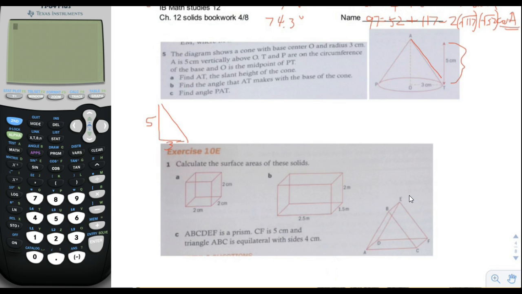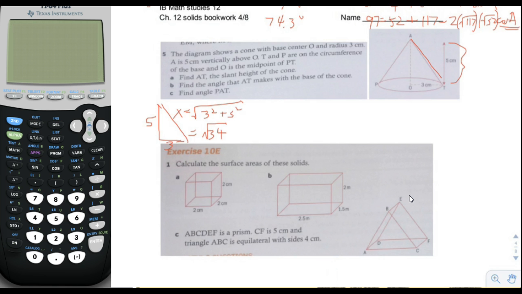So we can find the hypotenuse with the Pythagorean theorem. It would be equal to the square root of 3 squared plus 5 squared, which would be 9 plus 25, 34. So it would be the square root of 34.